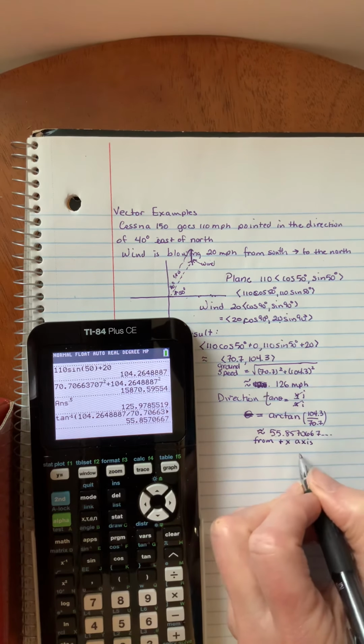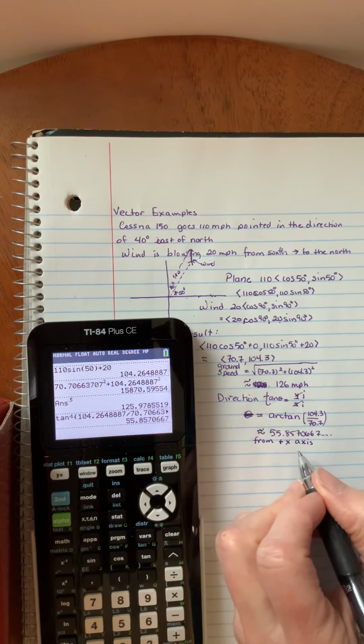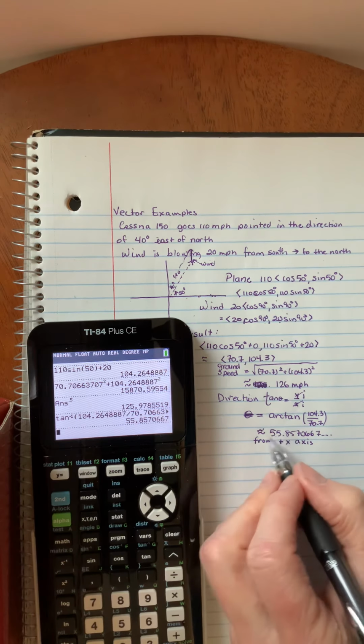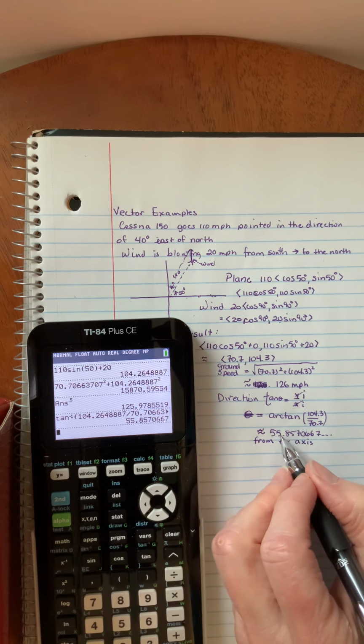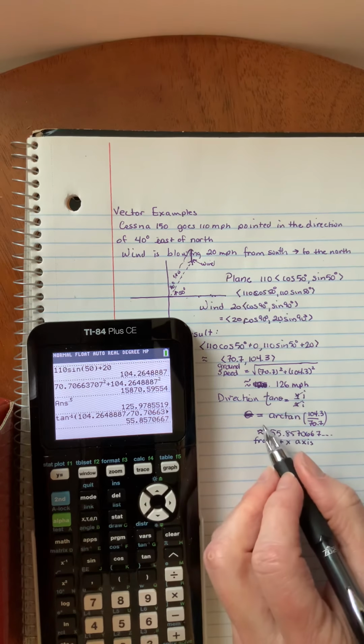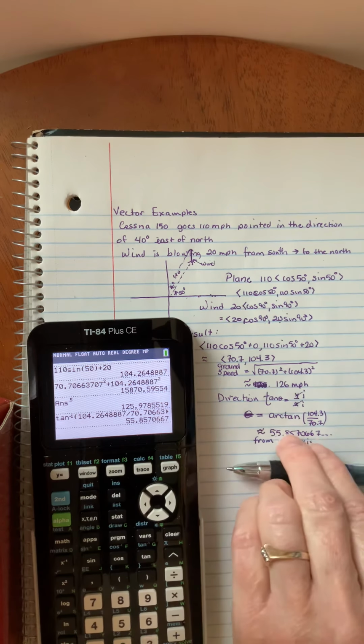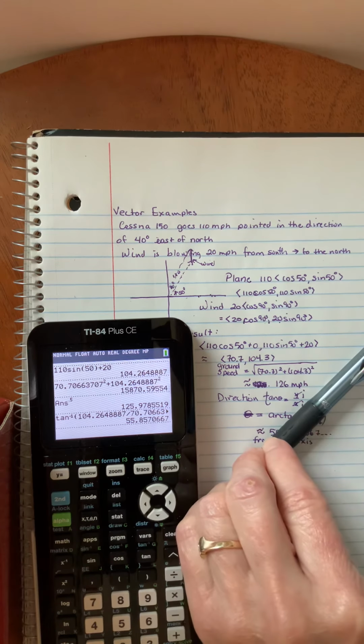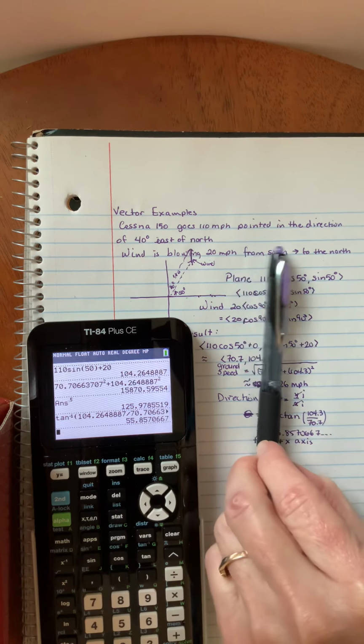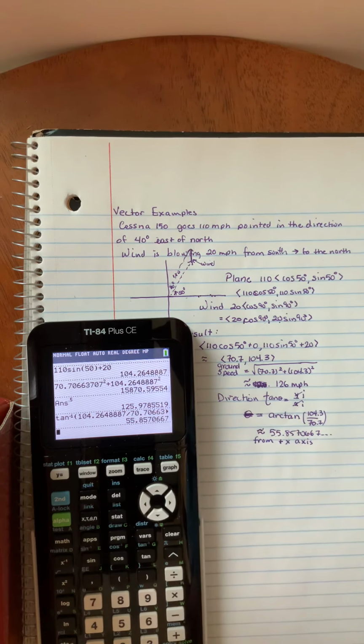So if I wanted to talk about that in navigation, I would notice that, yes, in fact, we are in the first quadrant, but we're going 55.85 degrees up from horizontal. So here's horizontal, it's going this way. If I subtract that from 90, it's going to give me the bearing. So if I subtract it from 90, I am going to multiply it by -1, and then I'm going to add 90.